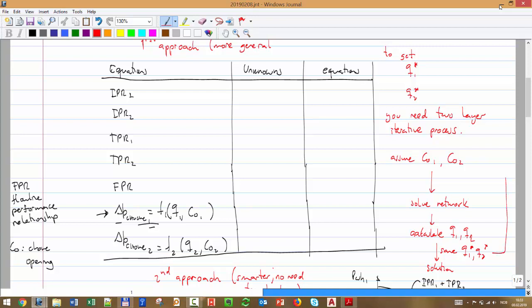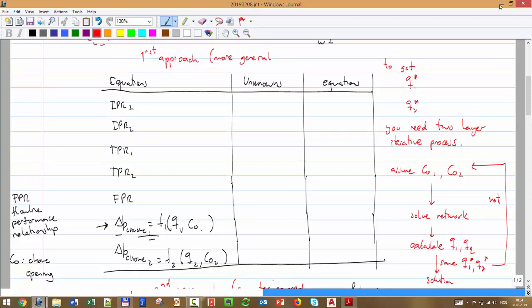If not, then you have to assume again. So you have two layers. You have a solver and you have the other layer. More general, but this will be computationally expensive.